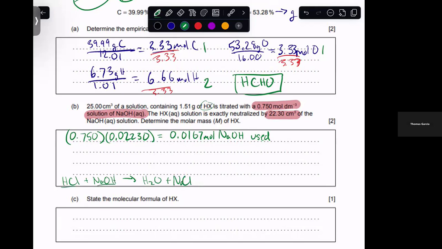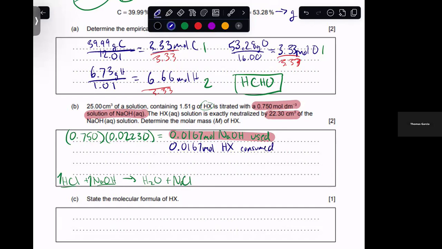Monoprotics with a base like NaOH are pretty much always a 1:1 coefficient. Awesome. So if I have that many moles of NaOH used, turns out that's how many moles, 0.0167 mole of our monoprotic acid, HX, we have consumed.